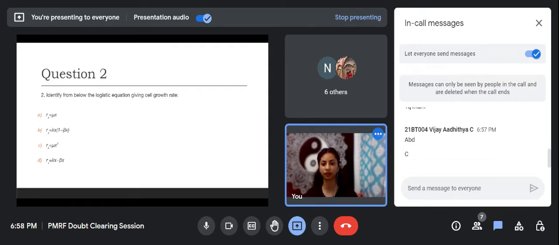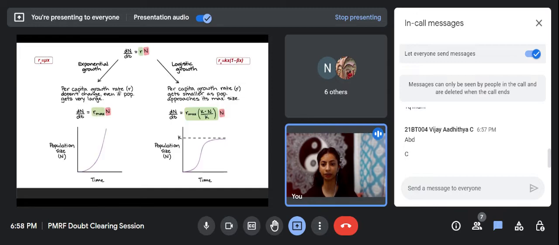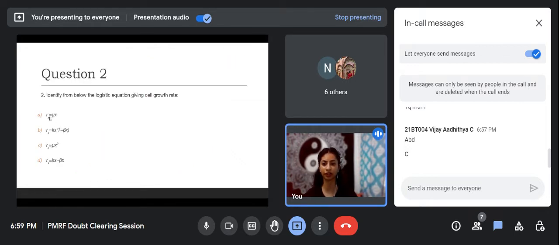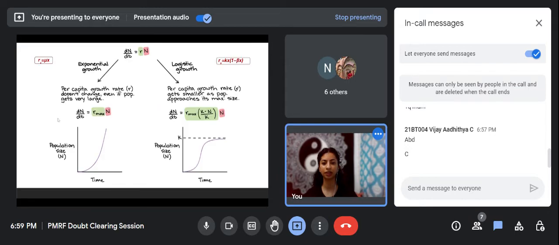C. Okay. The answer is actually B. So I'll just explain what a logistic equation is. The first equation that you see, where Rx equals mu x, is an equation for exponential growth. That means we're assuming that however much substrate we give, the cells will keep on increasing. There won't be a time where cells will not keep on increasing.